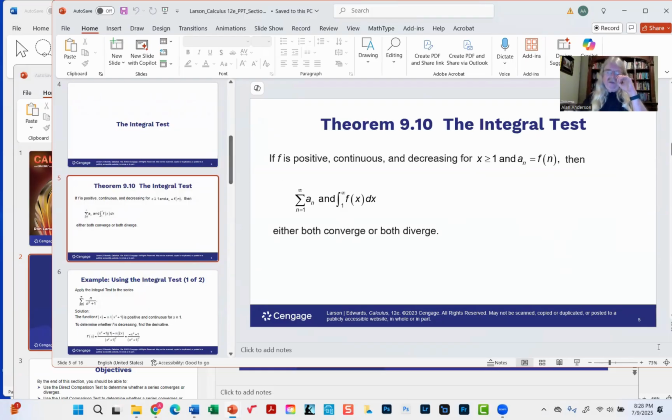Now notice that here our infinite series starts with 1.